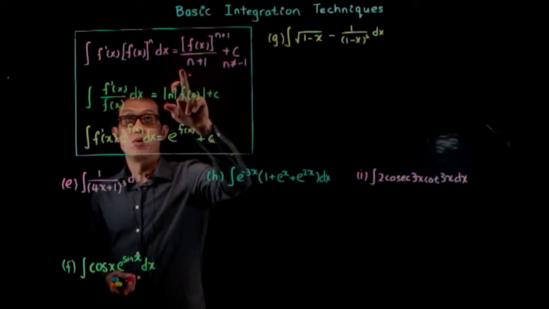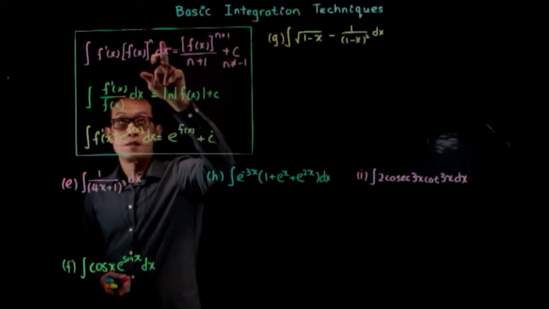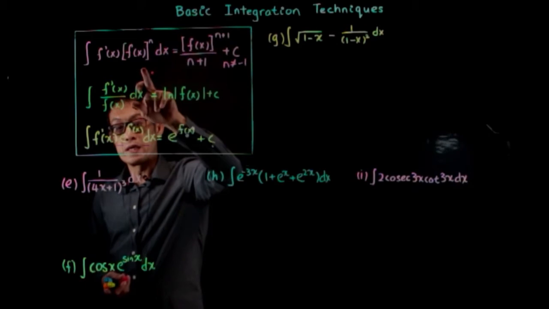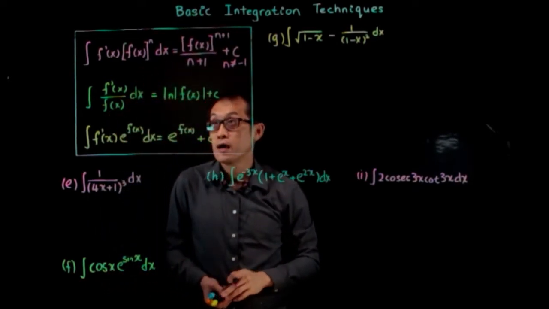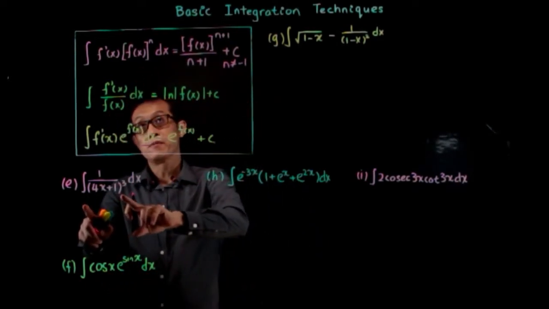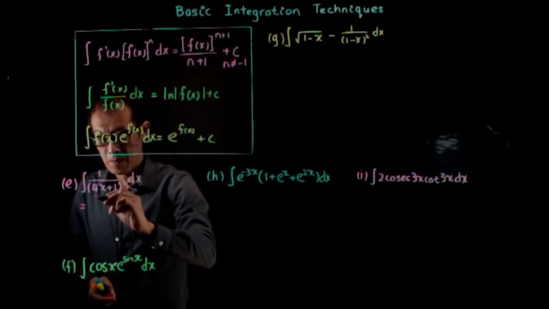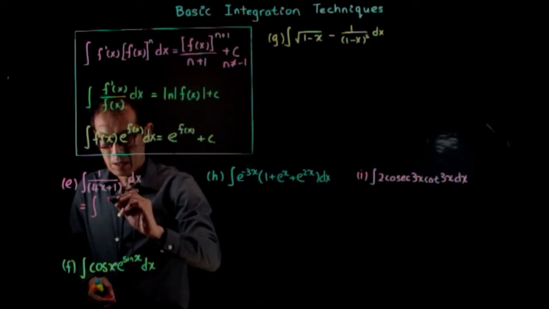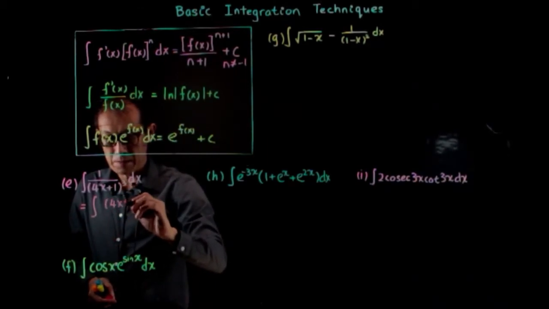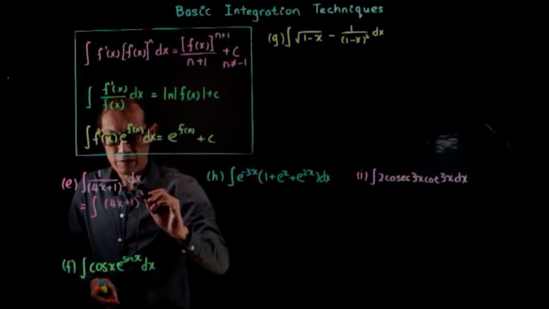Now, the closest to this would be this, okay? But this one has a denominator. Of course, we can rewrite it in this form, (4x plus 1) to the power of minus 3.